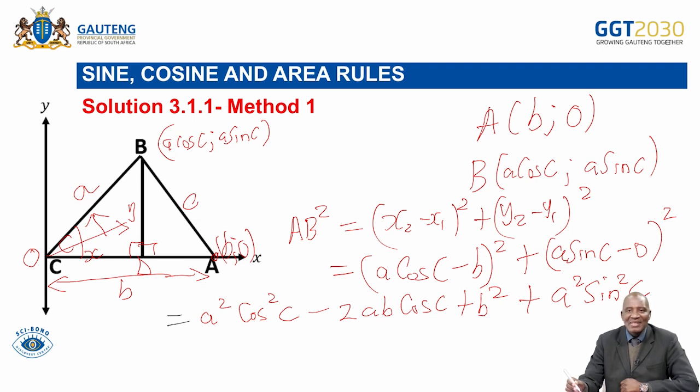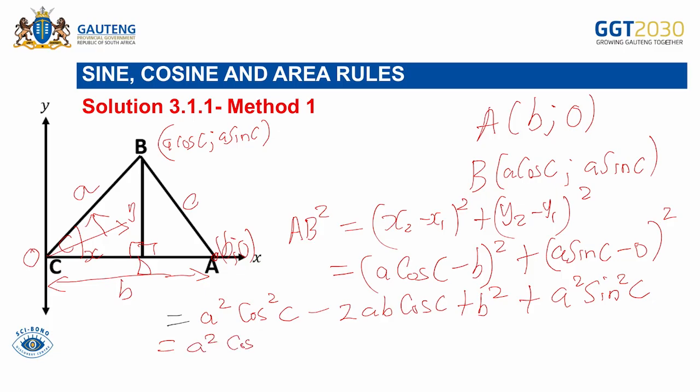Then we group like terms and see what happens. I have a squared cos squared c, plus a squared sine squared c, plus b squared minus 2ab cos of c. Then you will realize here that a squared is common.